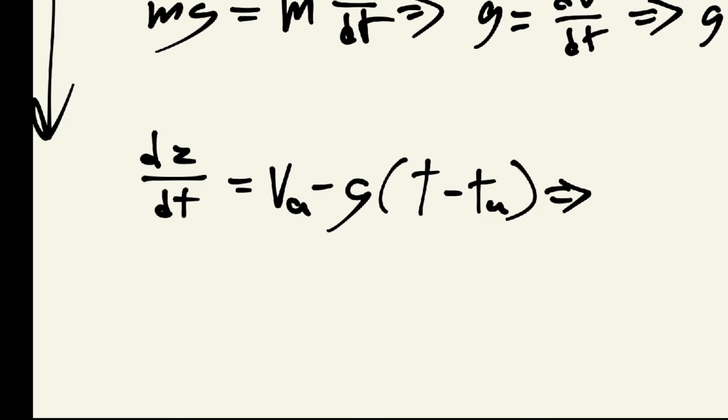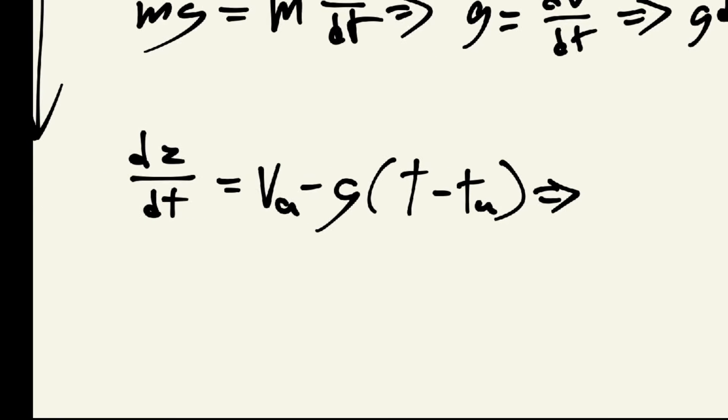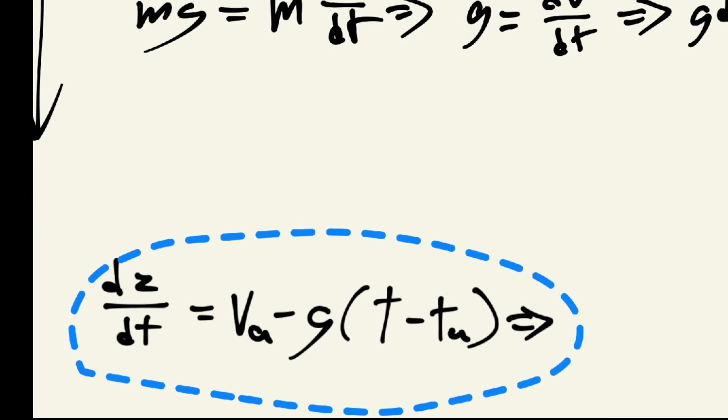And so again, if we just want to find out what z is, we would have an integral. Let's just move this down a little bit so that I have room.